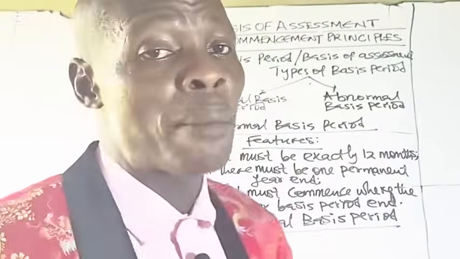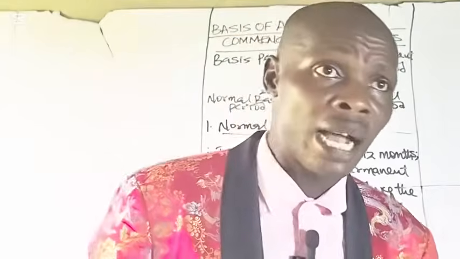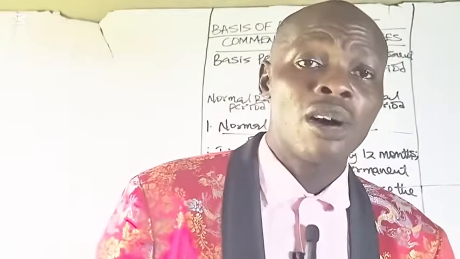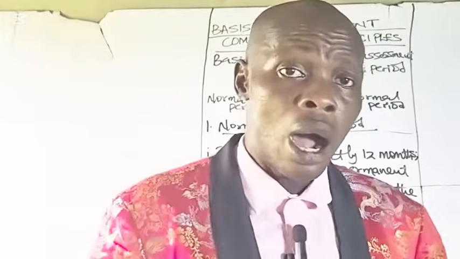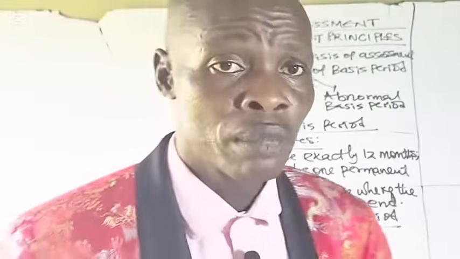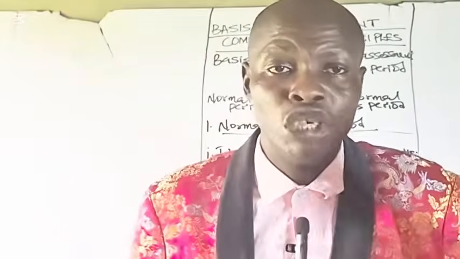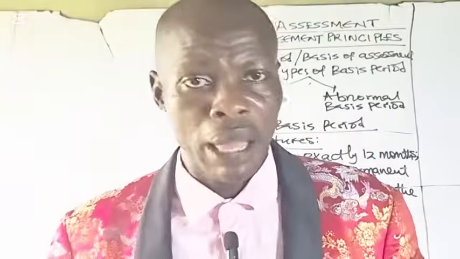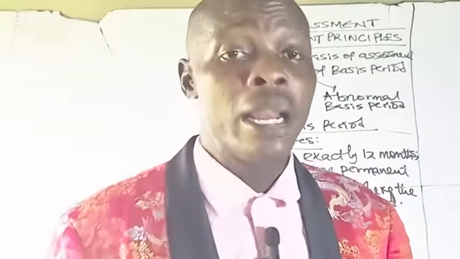Then you may also have an abnormal basis period in a change in accounting date. In a change in accounting date, you may not necessarily have one permanent year end. One year end might be June, and the business might change from June to September or to December or any other date.